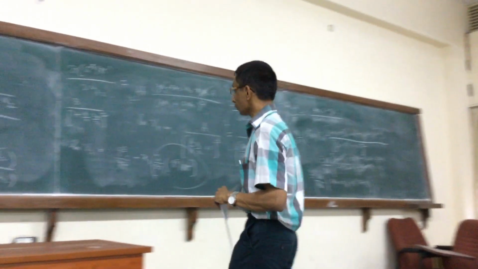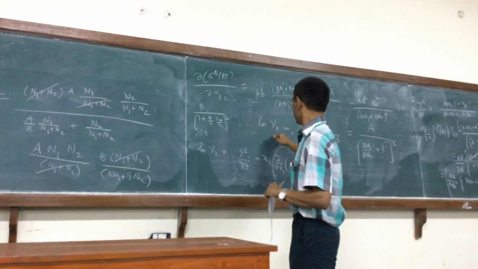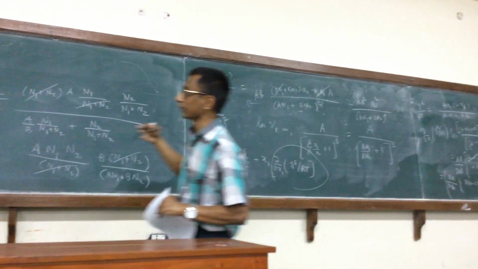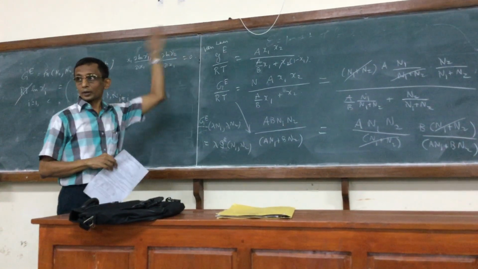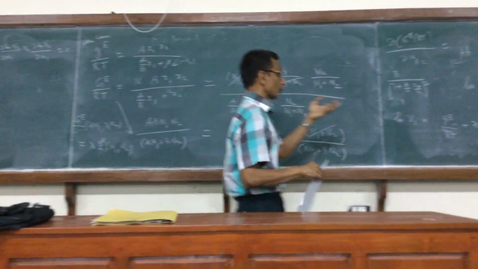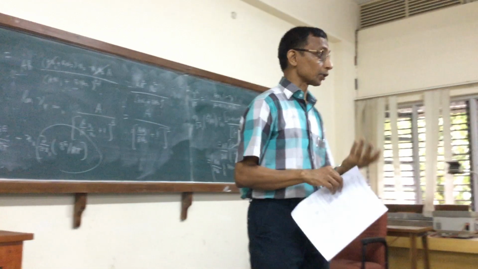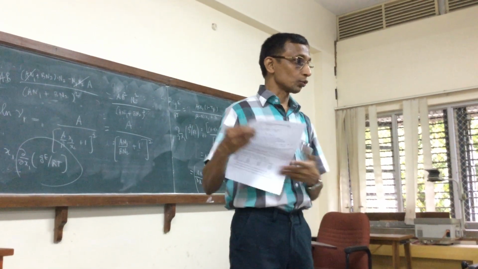And so this will turn out to be even more complicated. In this case, d log gamma 1, I have to differentiate it with respect to x1, and then I have to integrate to get log gamma 2. But it's possible that I might give you log gamma 1 for some other model and ask you to calculate log gamma 2 without giving you what GE is. So then you should know how to do that.